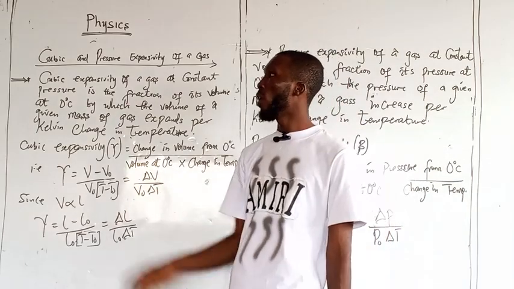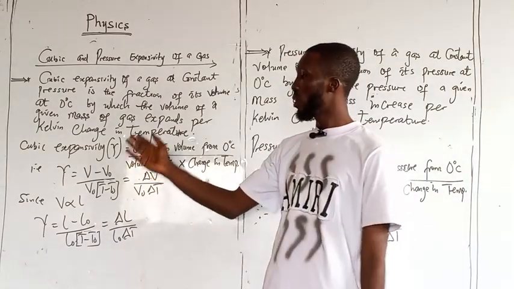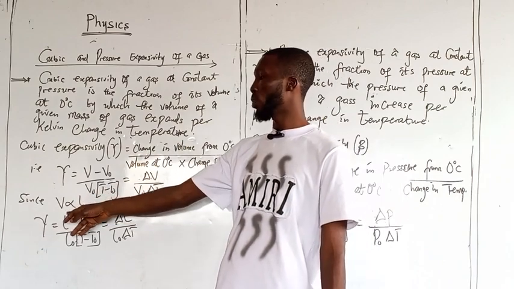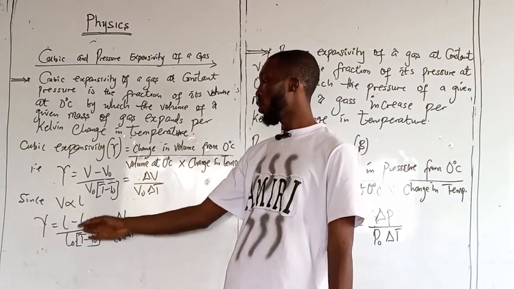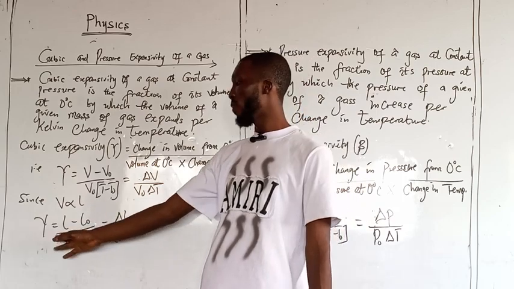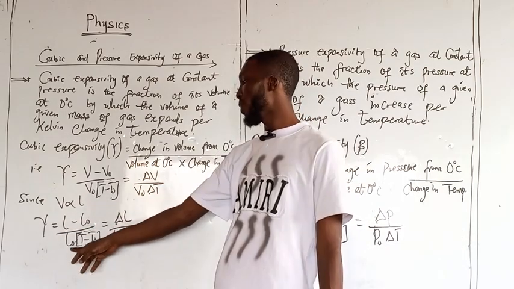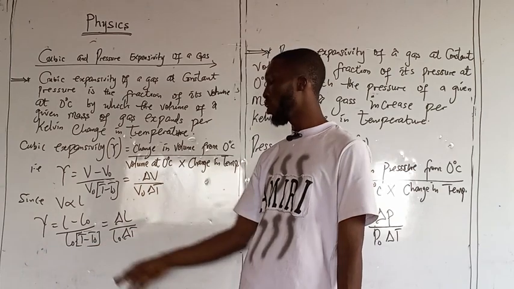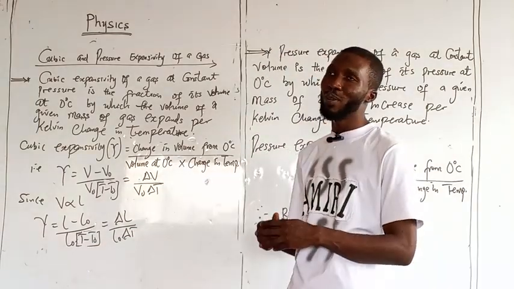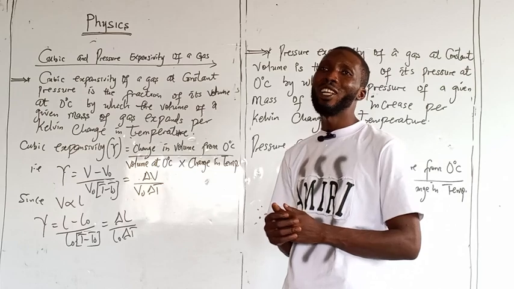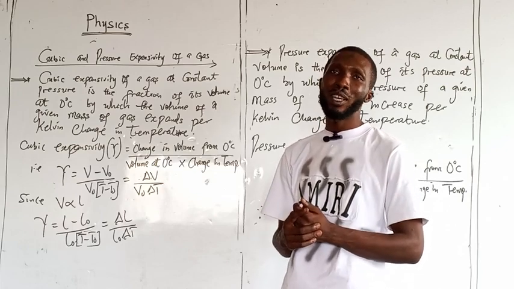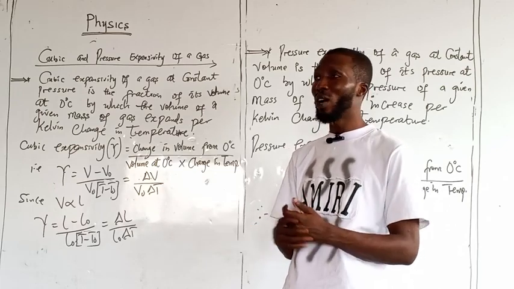But for a gas, the volume is directly proportional to the length, so we can equally express this formula in terms of (L minus L naught) all over L naught times (T minus T naught). Please take note that this is not applicable to the normal linear expansivity, cubic expansivity, and the superficial or area expansivity.